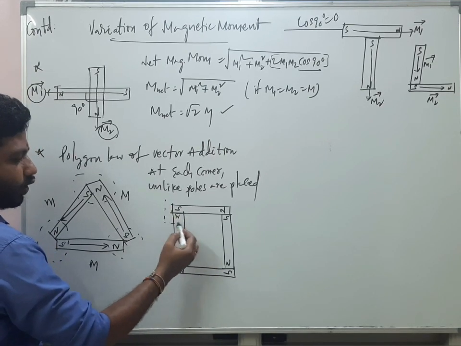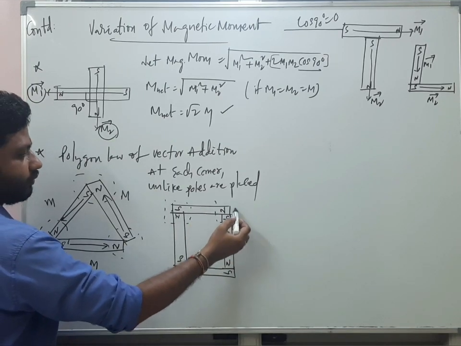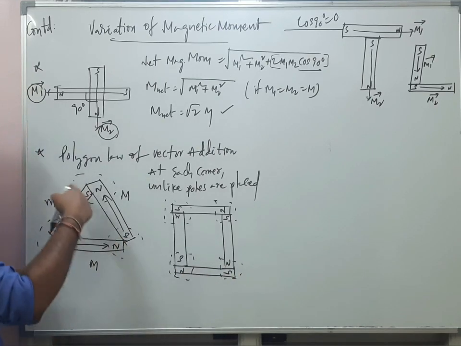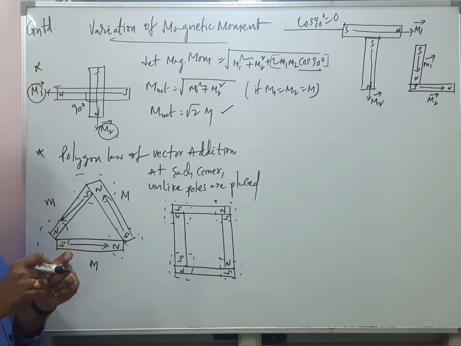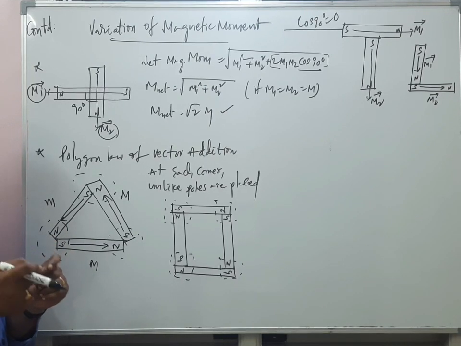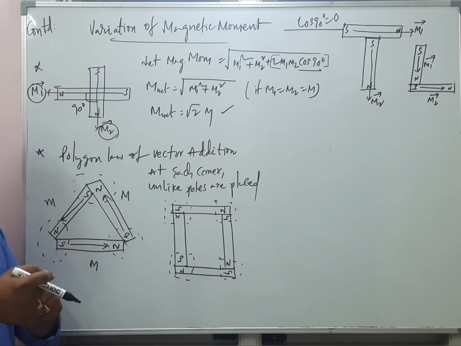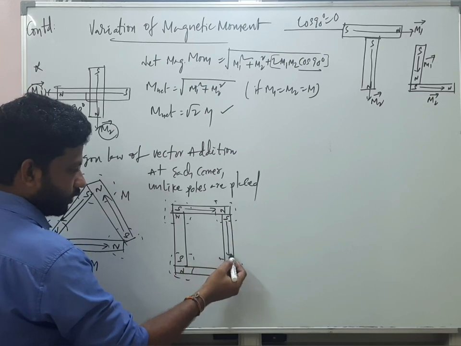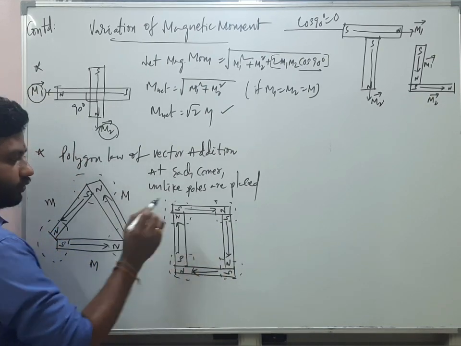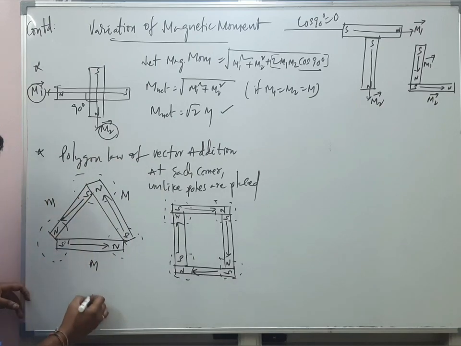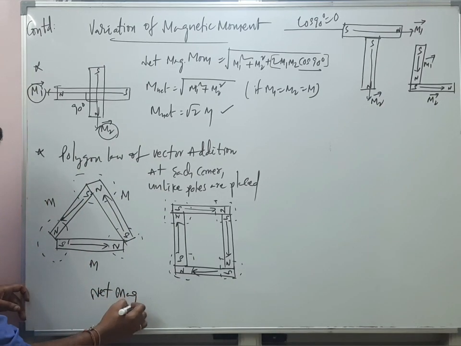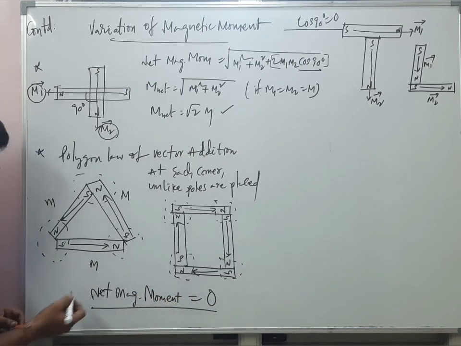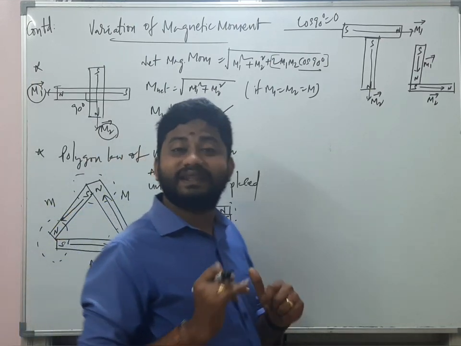You can see at each corner unlike poles are placed in this way. All the vectors will be formed as a polygon shape with an order. You know the order of the vector laws of addition. So this is south to north and south to north, south to north and south to north, you can see. In these cases, I can say the net magnetic moment will be 0. So that is what the polygon law of vector addition tells.